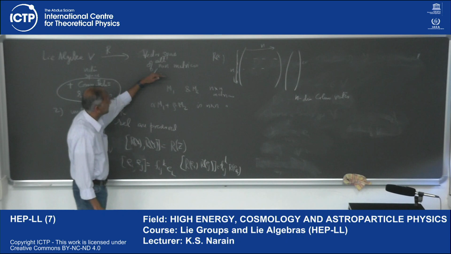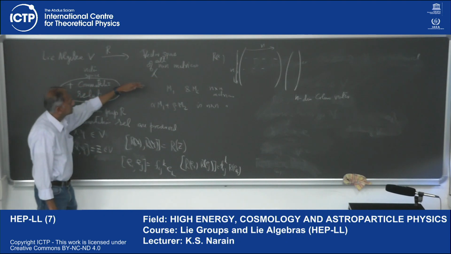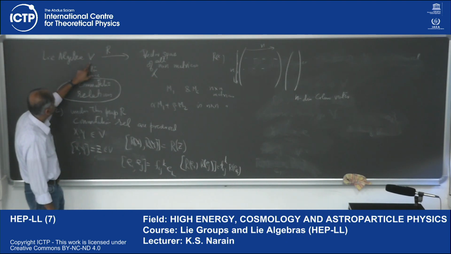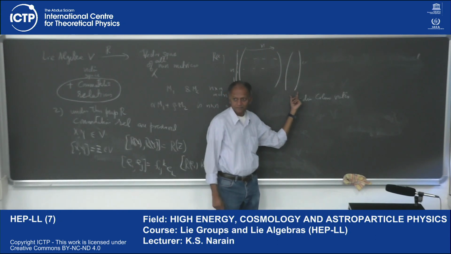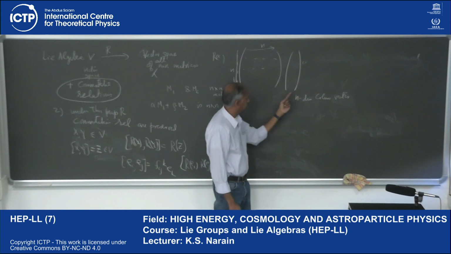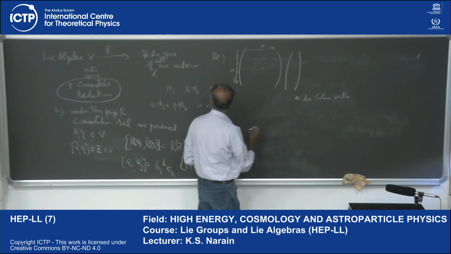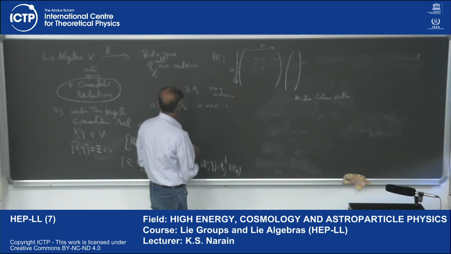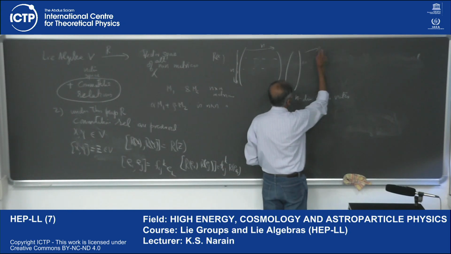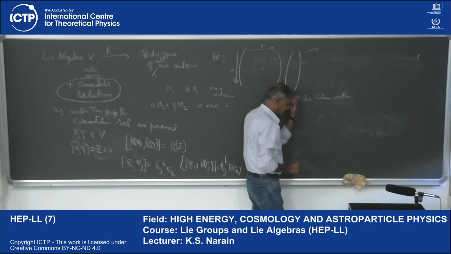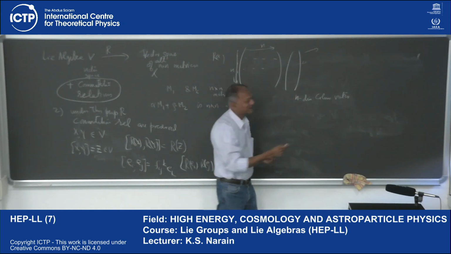So giving a representation basically is saying how every element of the Lie algebra acts on an n-dimensional vector space. So this was a space of n by n matrices, and this is some n-dimensional vector space. Let's cook up some name, we're running out of names.